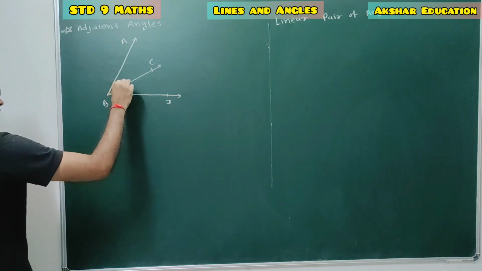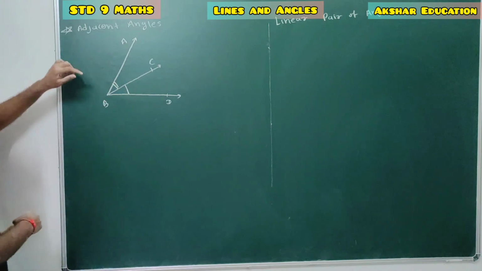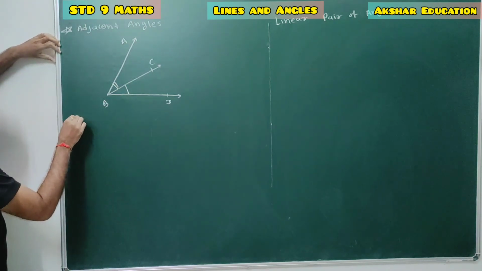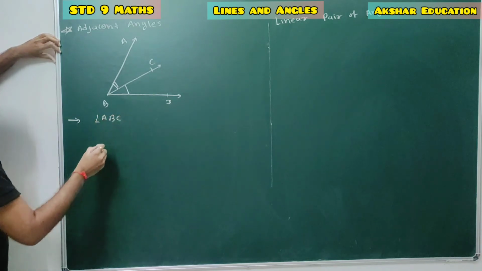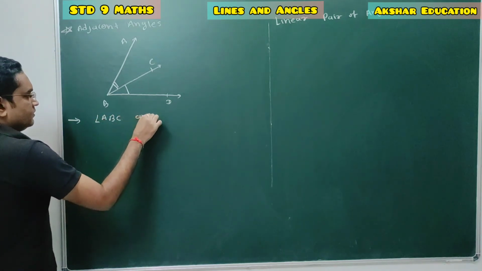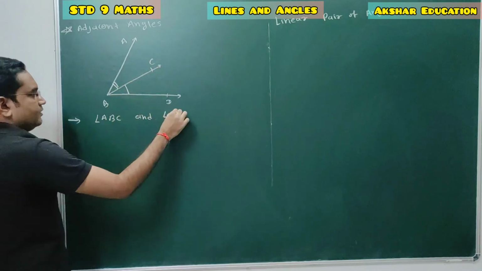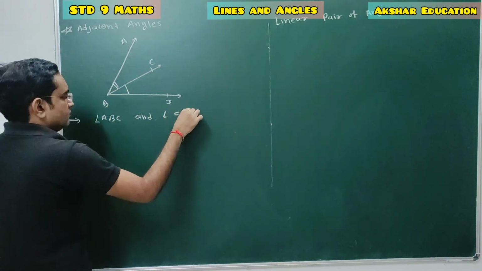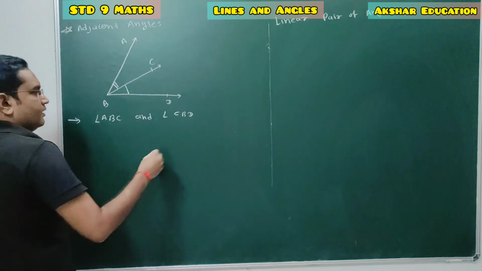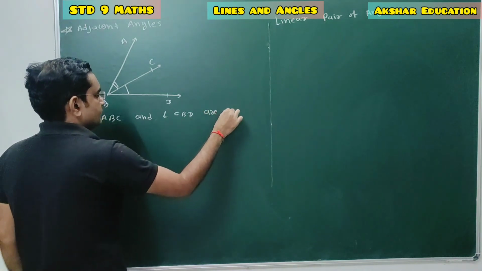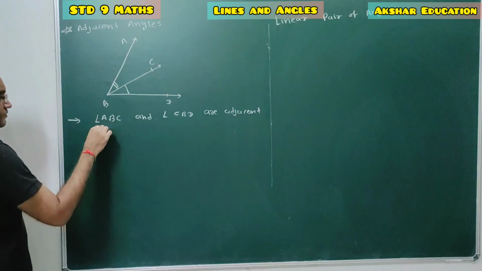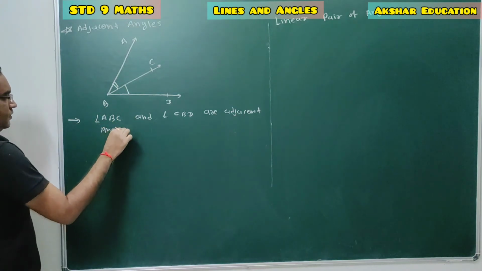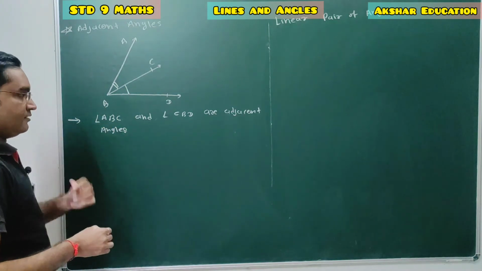This is the pair of angles. Now I can say angle ABC and angle CBD are adjacent angles. These are the pair of adjacent angles.